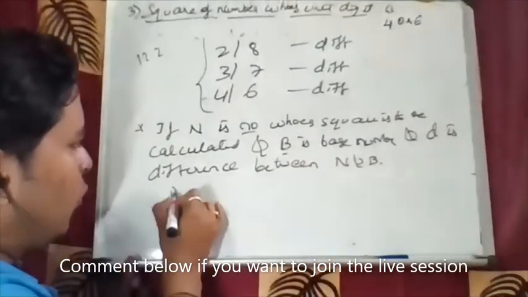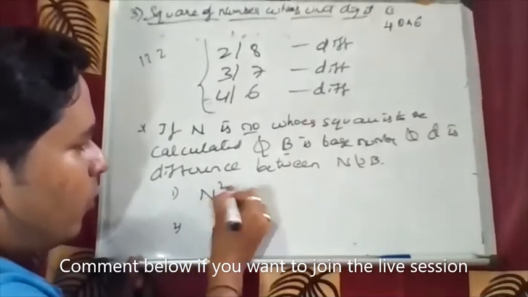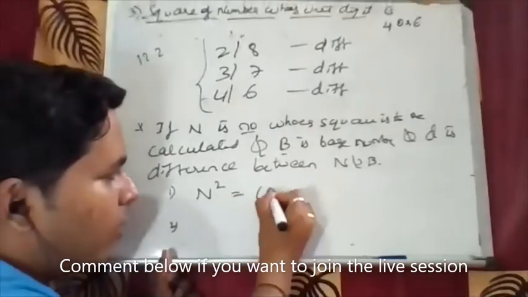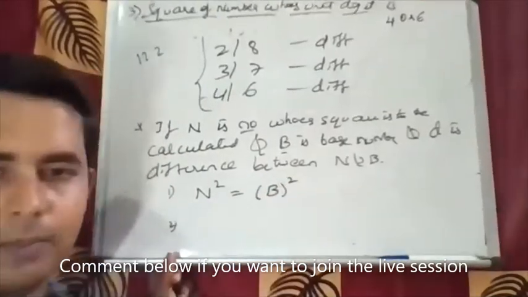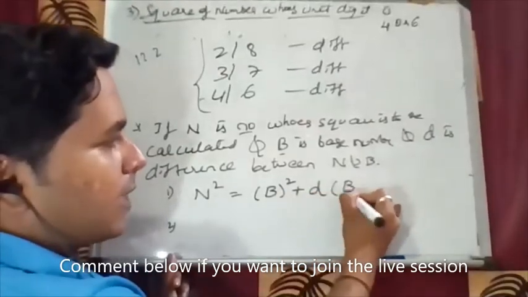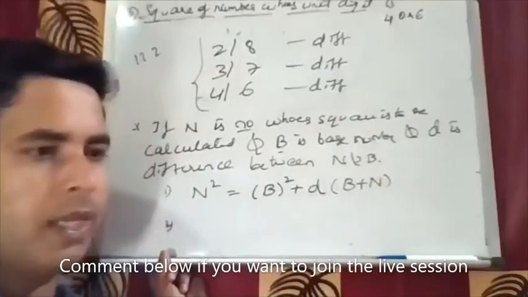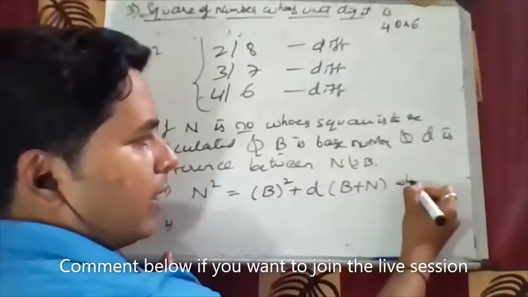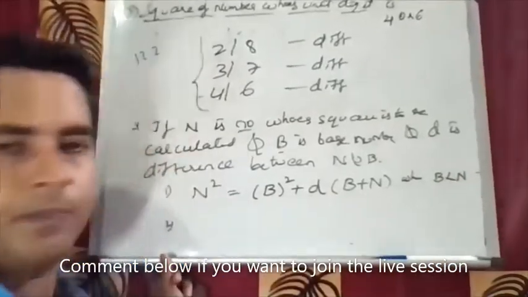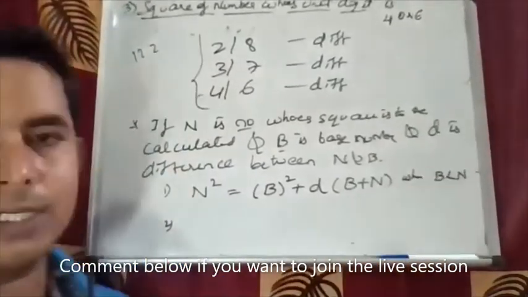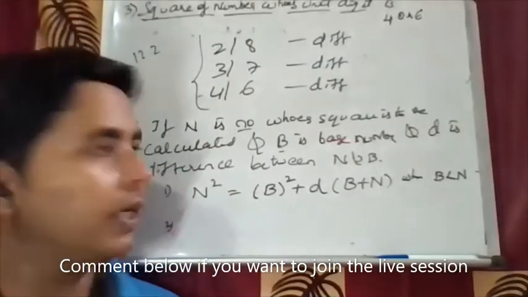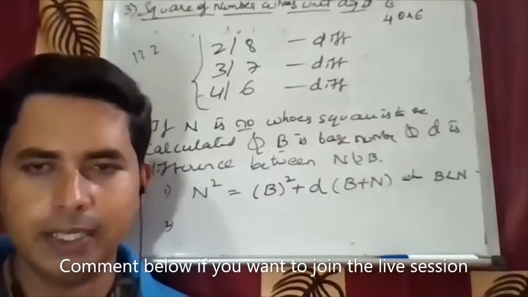I can take two rules. One is, if I want to find the square of any n, I'll take the square of the base number or the nearest number, then I'll take a difference and I'll add the base and the given number. The condition is that the base is smaller than the given number. Here 120 is smaller than 122, so base is smaller than given number.